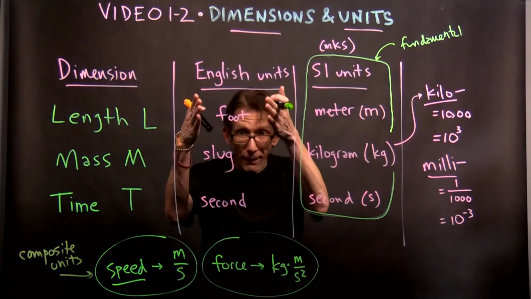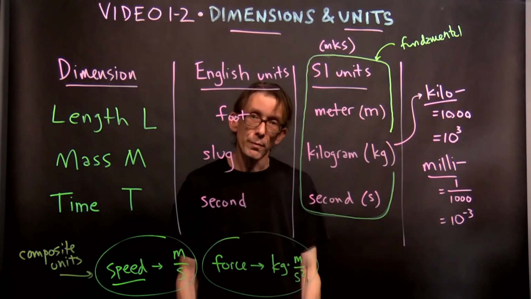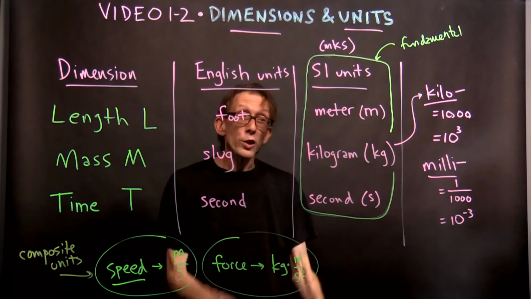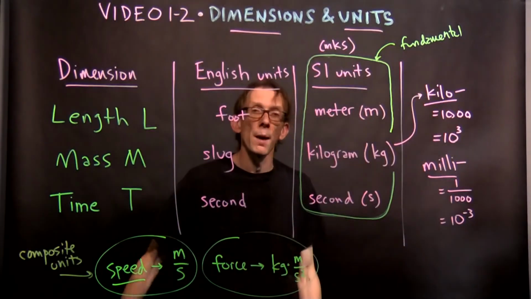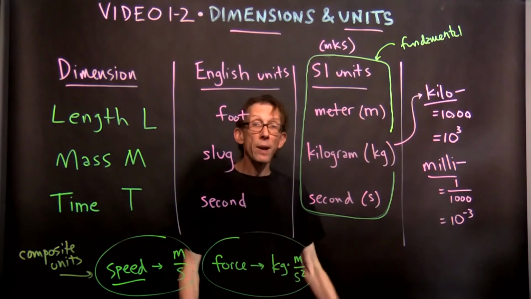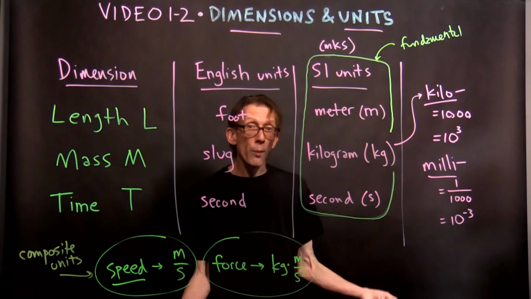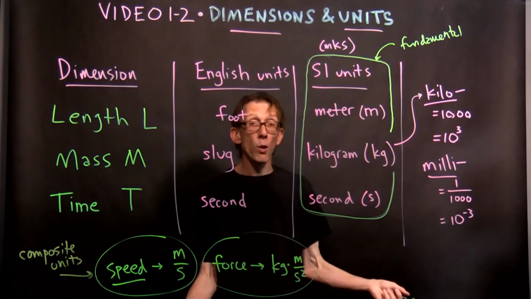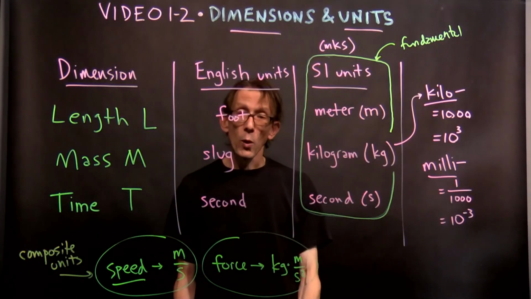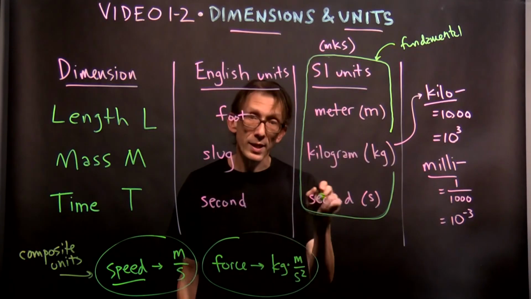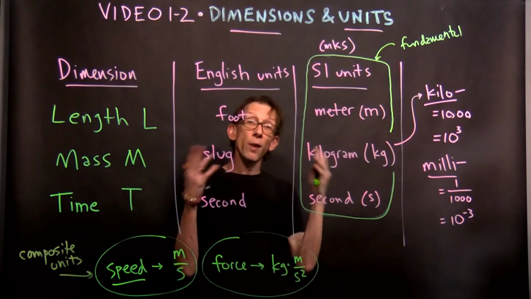We could do all of our physics in the English system. We could do all of our physics in the SI system. And there are many other systems I have not brought in. We could also pick any combination from among these different systems and do all of our math in that. We could pick the foot, the kilogram and the second. We could pick the slug, the meter and the second, those three, and do all of our math that way.